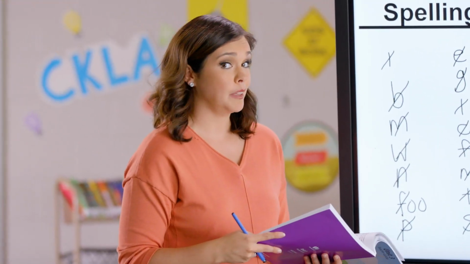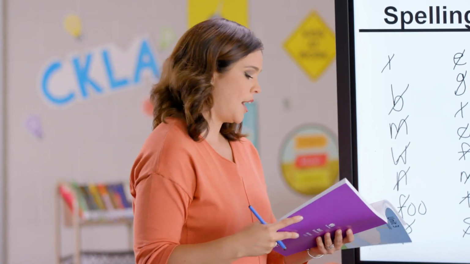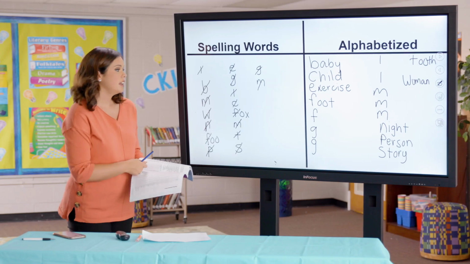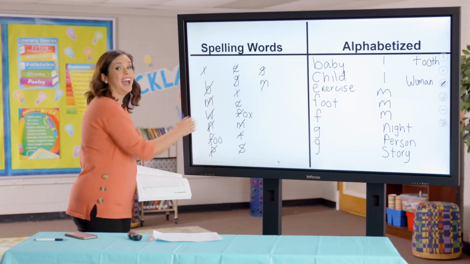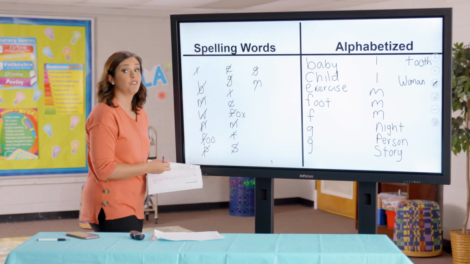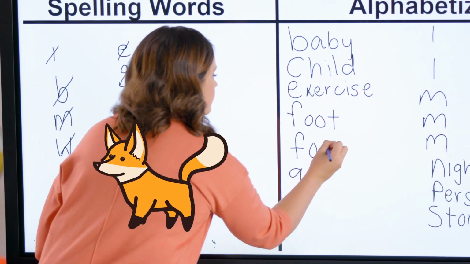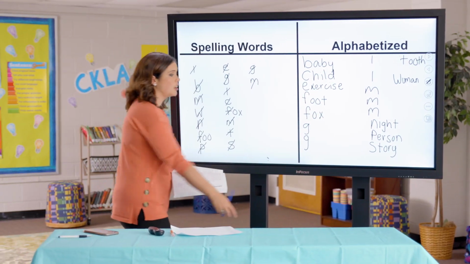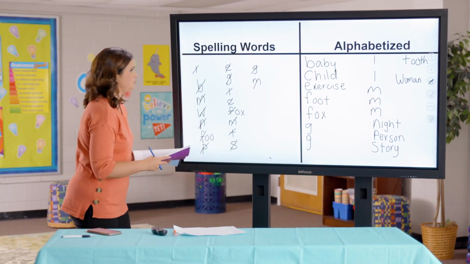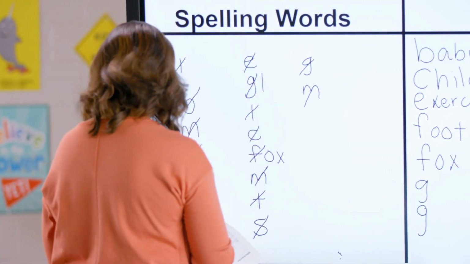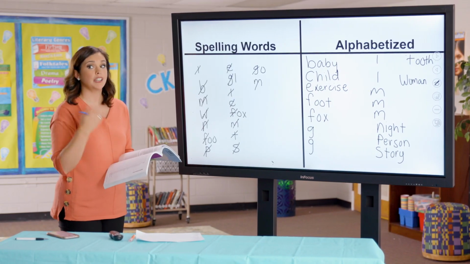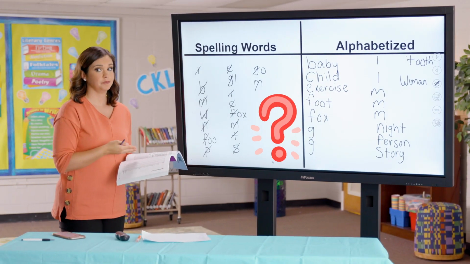Do you know what this spelling word is? Right, this is foot. Next in our spelling list, we have the one that ends in X, which is fox. Now let's complete that same process with our letters G. Do you know what comes first, L or O?